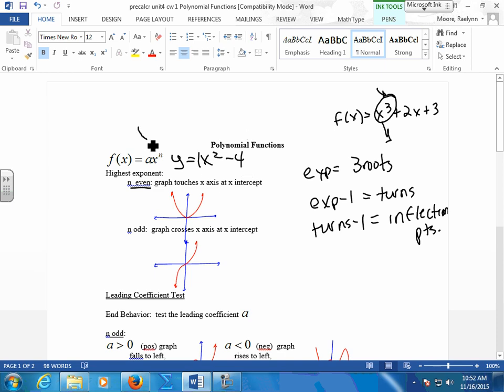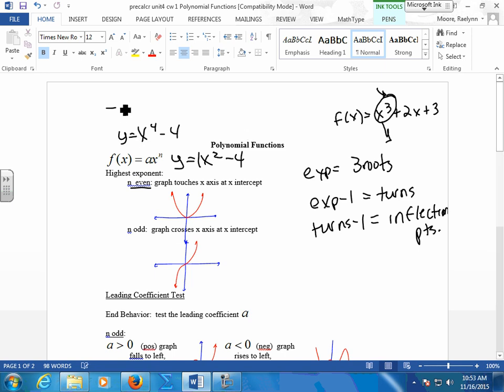Even if I did x to the 4th, my ends will still go up if a is positive. So we describe your end behaviors as up on the left, up on the right. They're both going up. Any even highest exponent will behave the same. If there's a negative in front of this, then they will both turn down.